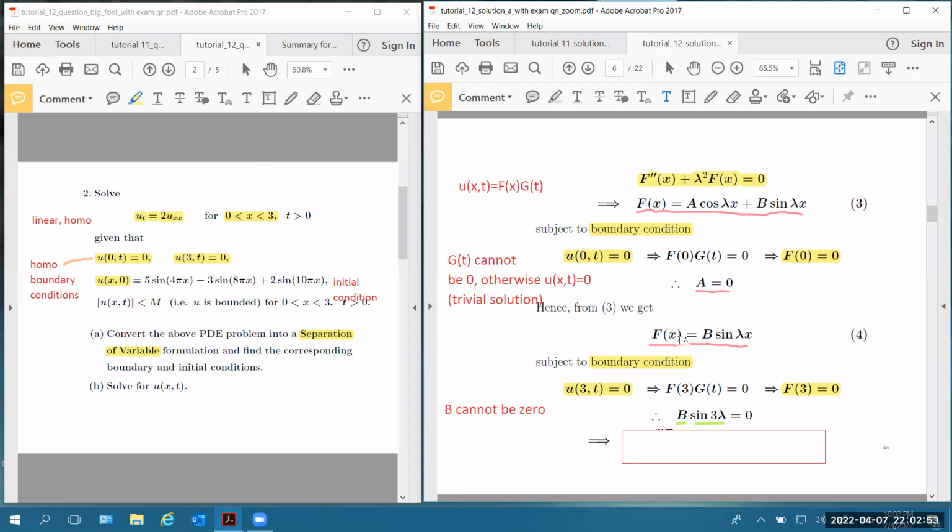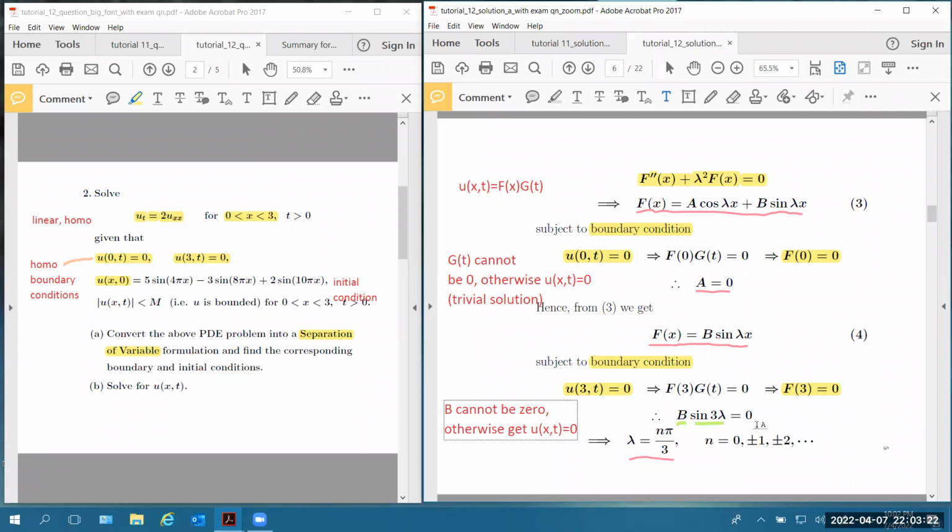Then F(x) is 0, so your u(x,t) equal to F(x)G(t) is then also 0. Otherwise, you get the trivial solution, and of course you don't want the trivial solution. So that's why your sine 3 lambda must be 0.